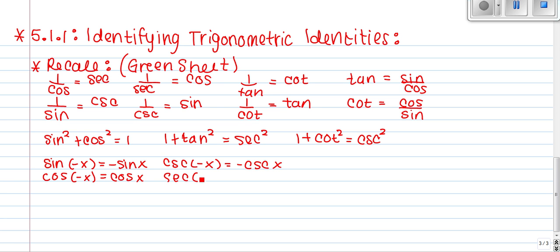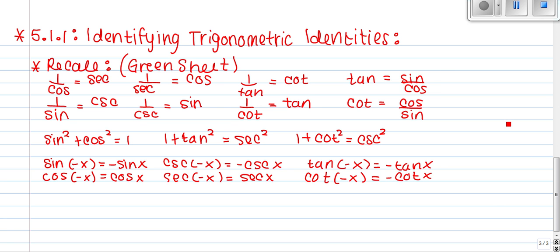Secant of negative x is equal to secant x. Tangent of negative x is equal to negative tan x. And cotangent of negative x is equal to negative cotangent x.